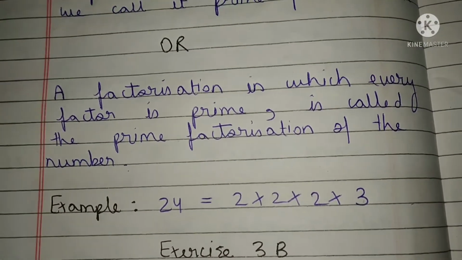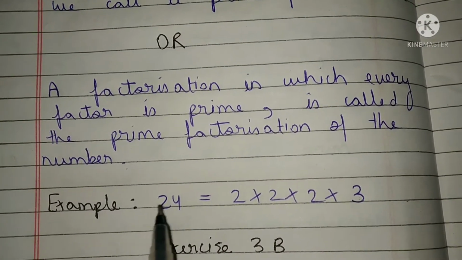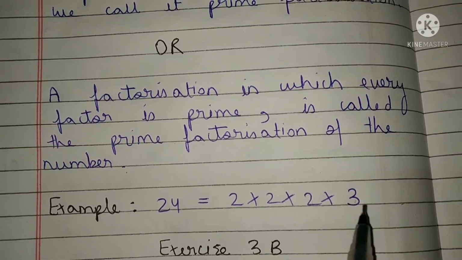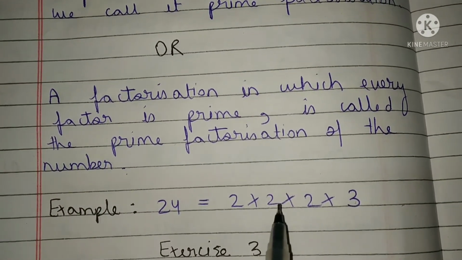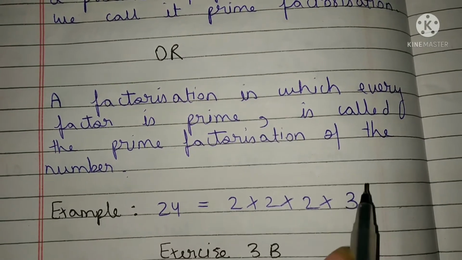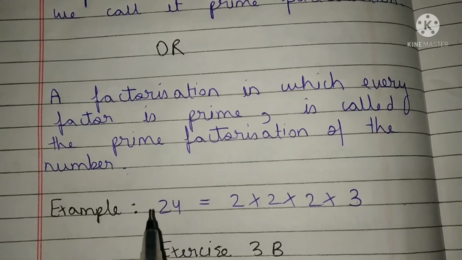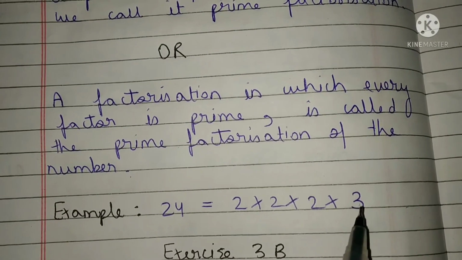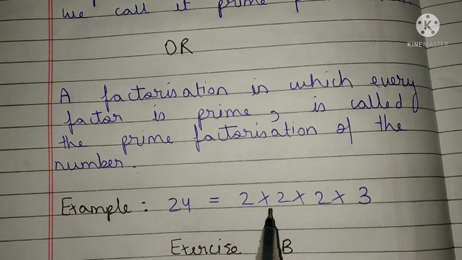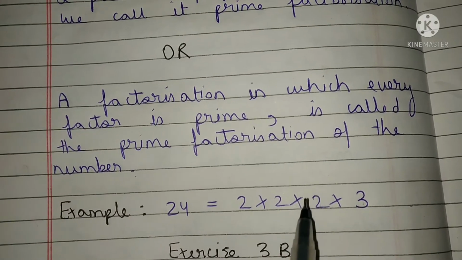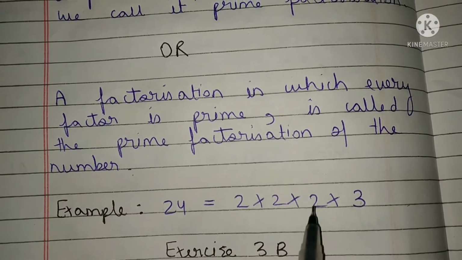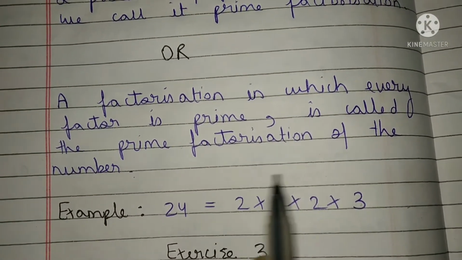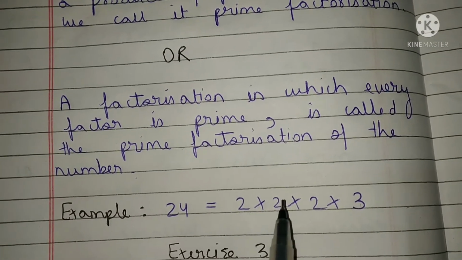You can see that every factor of 24 is a prime number, 2 is a prime number and 3 is also a prime number. The factors of 24 are written in the multiplication form or the product form, that is 2 into 2 into 2 into 3. So this is called the prime factorization of 24.